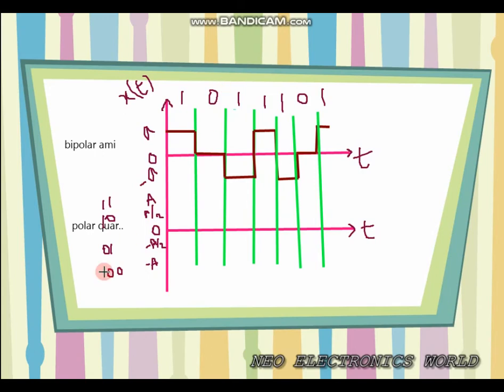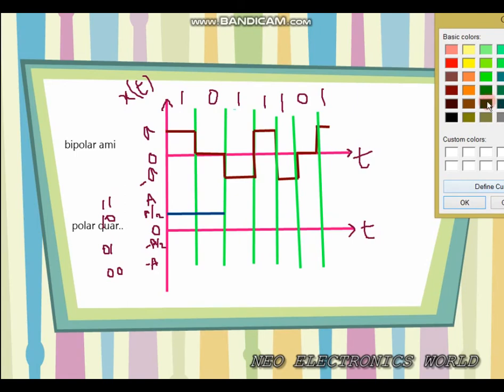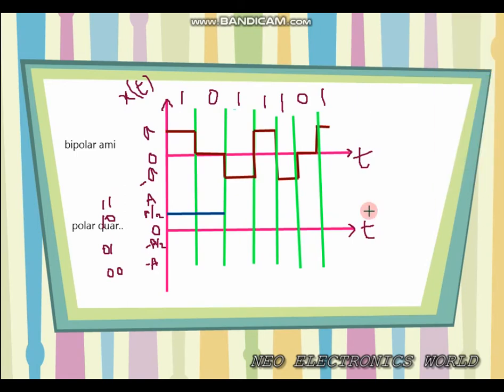So 1 0 means what? A by 2 will be the amplitude for 1 0. Then use another color. Then 1 0, 1 1. What about 1 1?